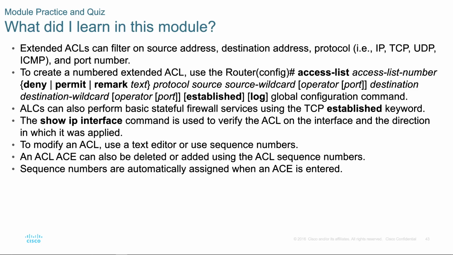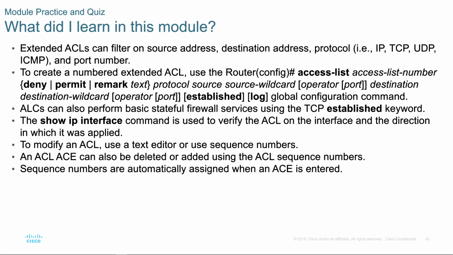Now, the extended ACL has a lot more parameters for you to configure, but it follows the same formula for every line. The access-list, then the access list number, so there's an IP in front of that, remember.